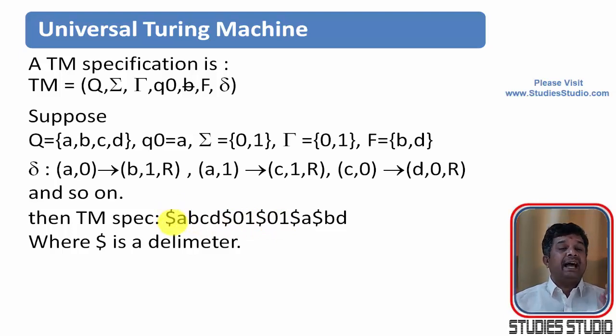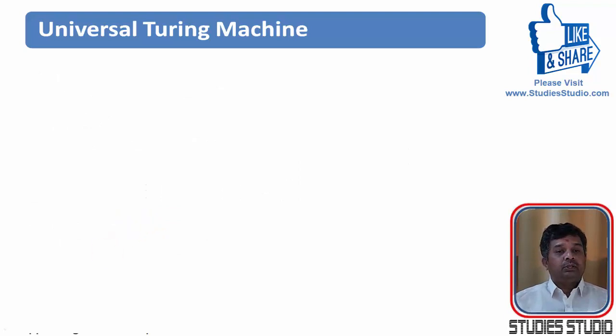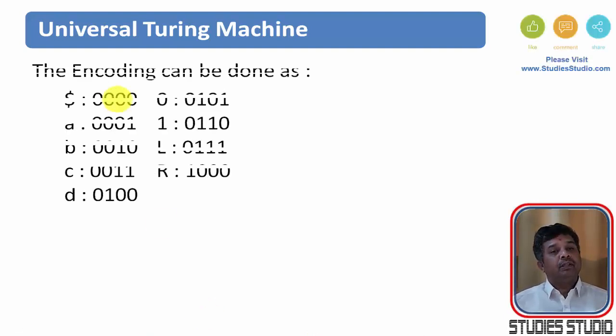Dollar is used as a delimiter or a separator here. So this specification along with the actual input data would be the input for the universal Turing machine. And this can be encoded in binary by assigning a number to each of the characters appearing in the Turing machine specification.